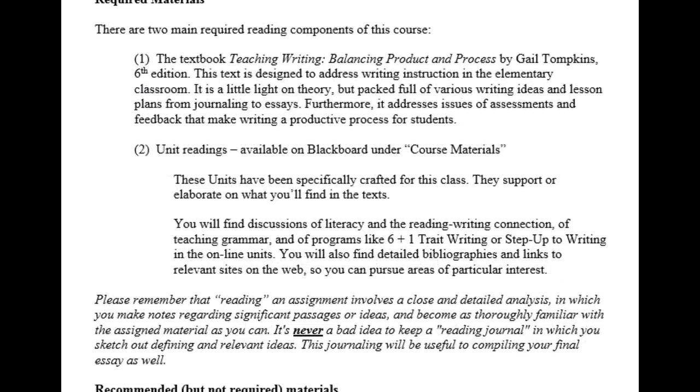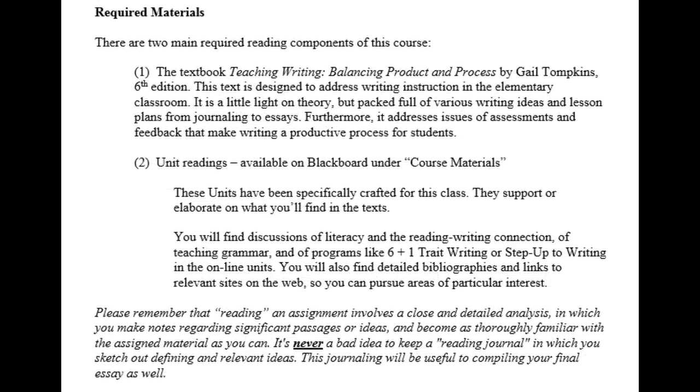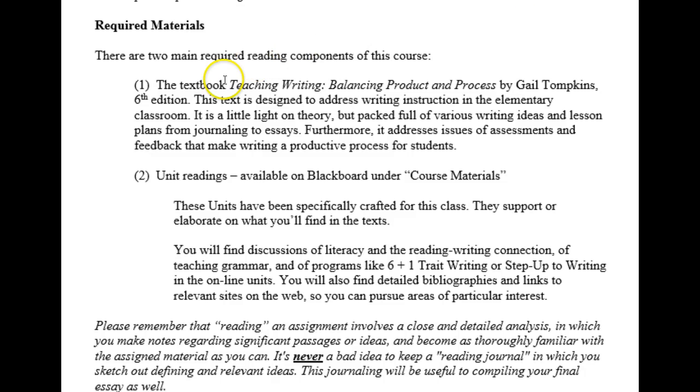Continuing on down the syllabus, you will see that there are some required materials for this course. The textbook that I want you to purchase is Teaching Writing: Balancing Product and Process by Gail Tompkins, the 6th edition. I think this text will be particularly useful for you because it really is geared towards writing instruction in the elementary classroom, and I find it has a really nice balance between the theoretical purpose for doing some activities as well as some activities themselves.